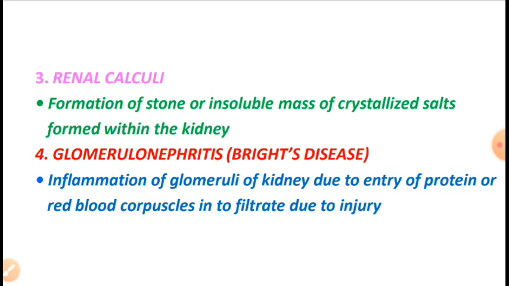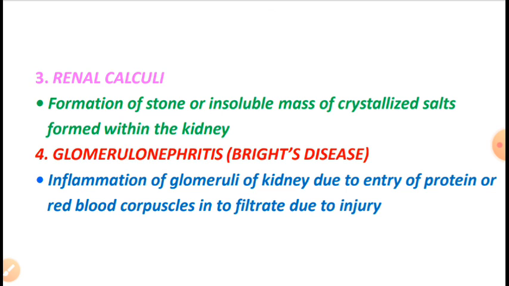This type of inflammatory condition of the glomerular region of the kidney is a disorder due to entry of protein or red blood corpuscles into the filtrate due to any injury.